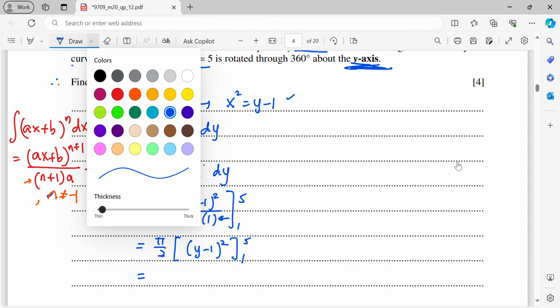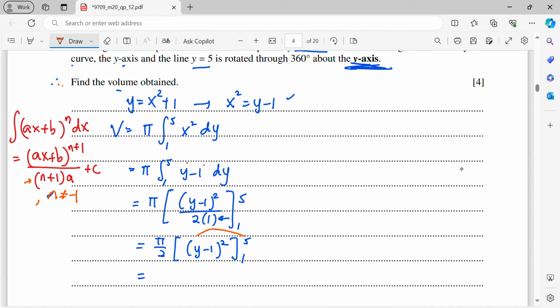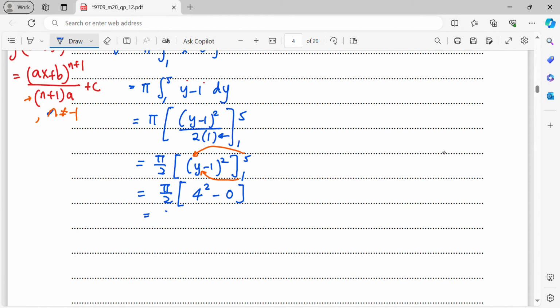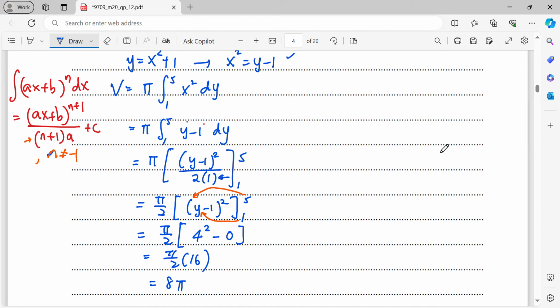The next working is just replace y by 5 first, then minus when y is replaced by 1. So I will be getting pi over 2 times (5 minus 1) which is 4 squared, then minus when y is 1, that is 0. So from here, you will be getting pi over 2 times 16. That is 8 pi. So this is the first method.